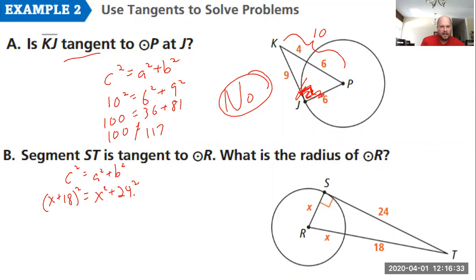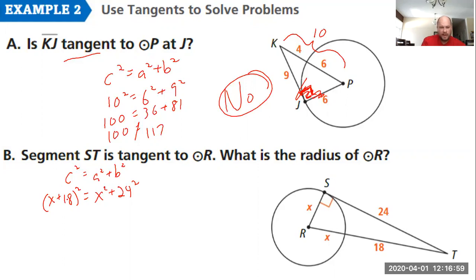Now, it's not a horrible problem because some of this will end up canceling out, but we do have to remember a little bit of algebra because on this side, we'd have to multiply this out. If you're doing x plus 18 squared, that's going to be the x value squared, a middle value of these two multiplied together times 2, and a third value of 18 squared.